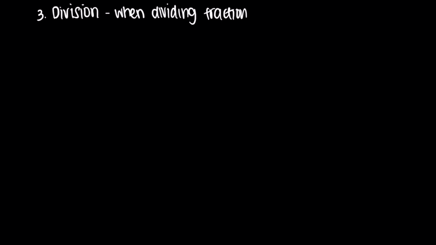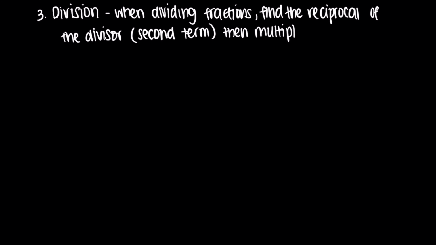So the last operation we look at is division. When dividing fractions, we find the reciprocal of the divisor, or the second term, then multiply. For example, 5 over 6 divided by 2 over 7.